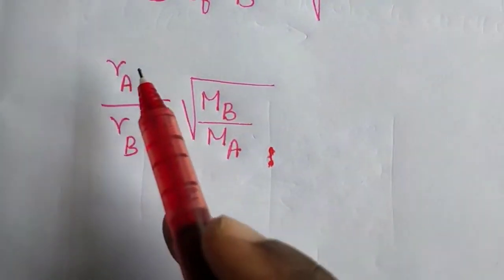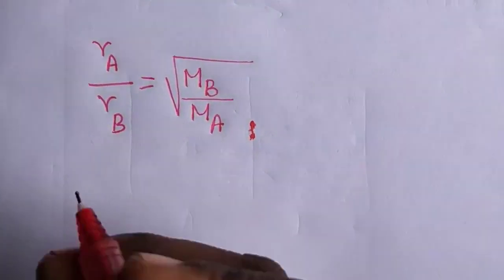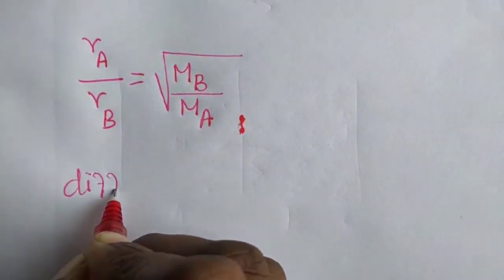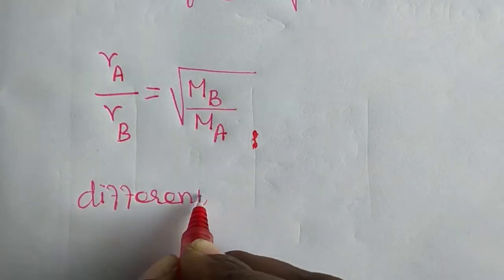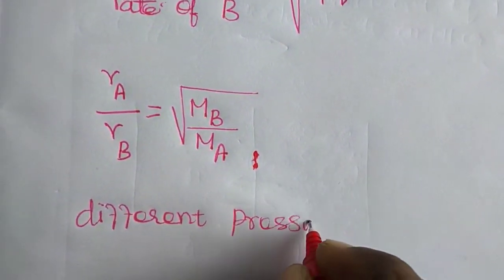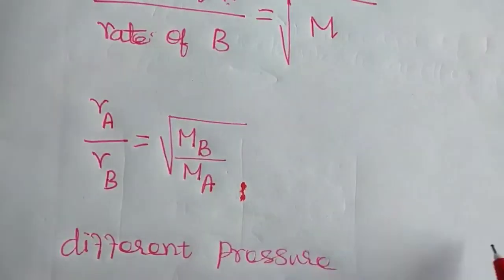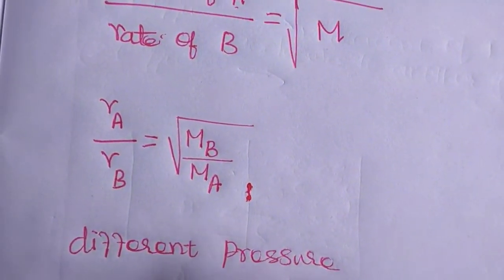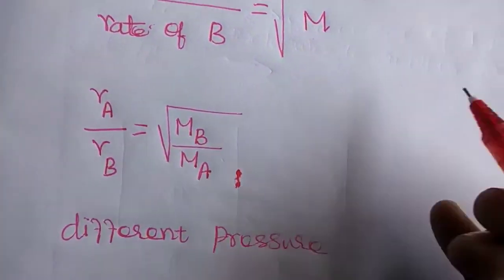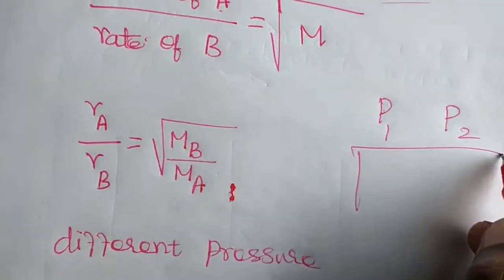When the diffusing gases A and B are under different pressures, we treat the system accordingly. Gas A filling the first compartment has a different pressure from the second compartment: P1 for the first compartment and P2 for the second.